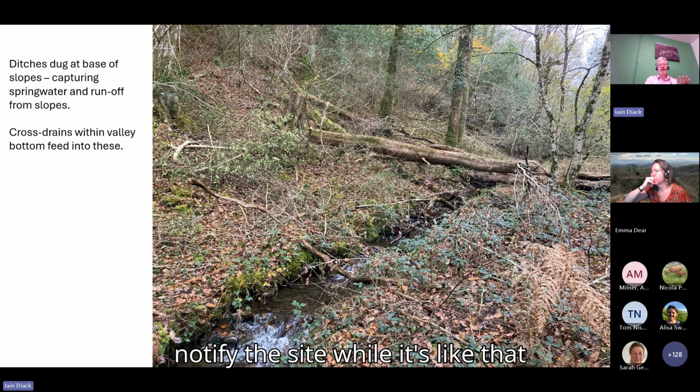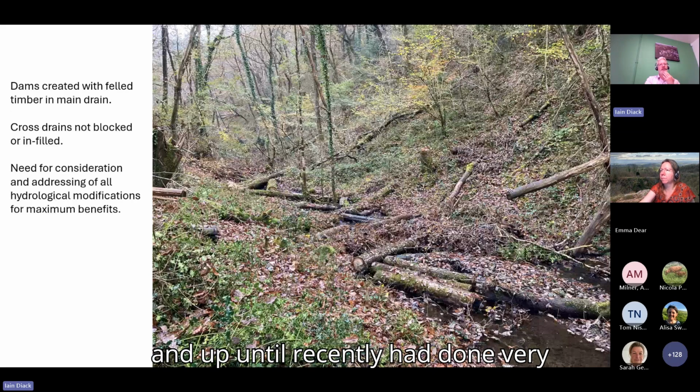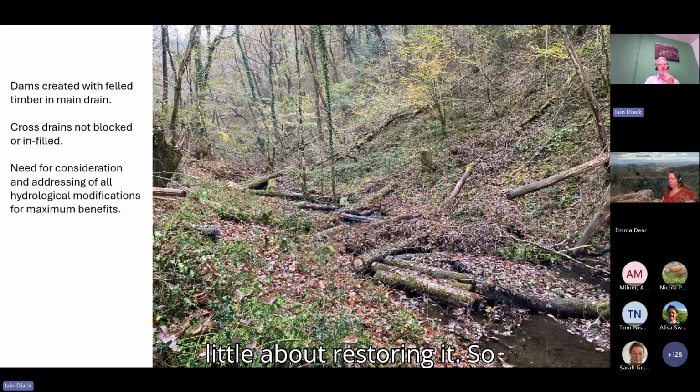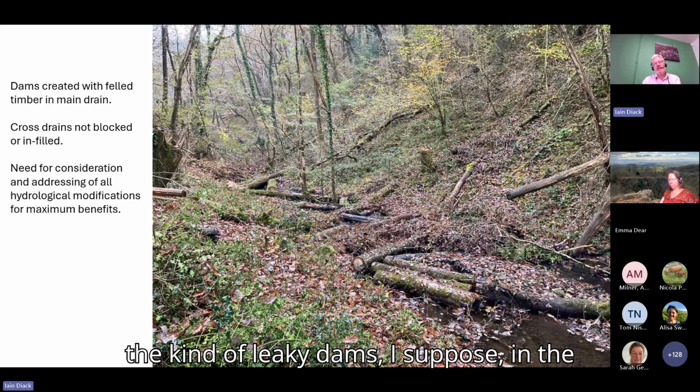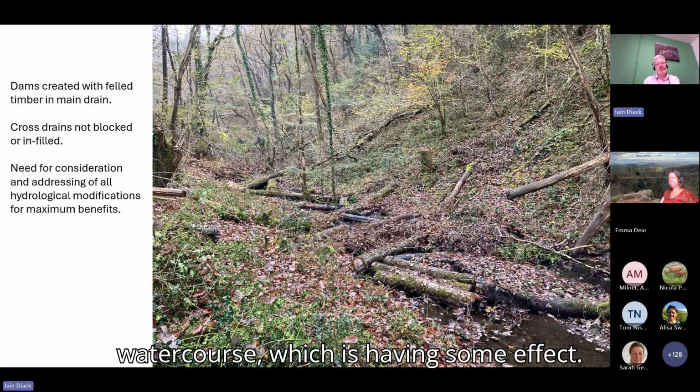We notified the site while it's like that, and up until recently had done very little about restoring it. So what's happening here is there's a natural flood management scheme, and they're essentially felling timber and using it as, you could call it, leaky dams in the watercourse, which is having some effect.